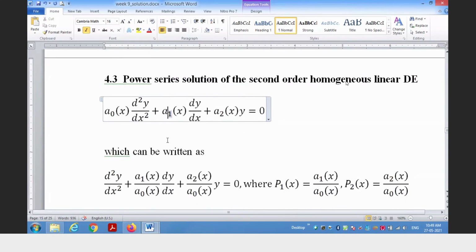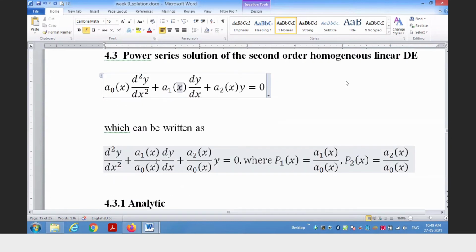The first step, we need to rewrite the general formula for a second order homogeneous linear ODE into this form. We have to make sure that the leading coefficient is equal to 1.